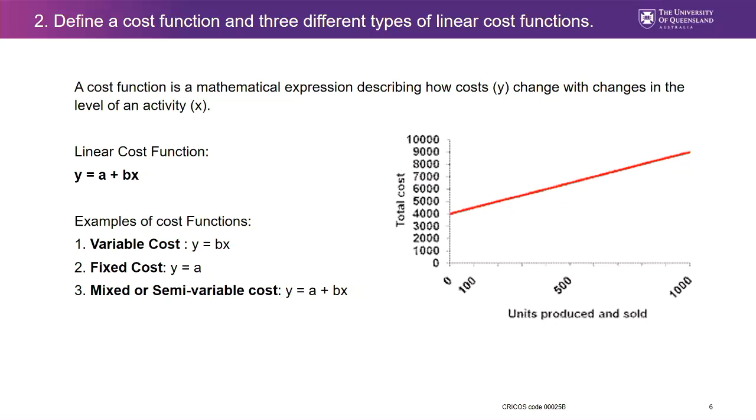So x might be the volume. So B stands for the variable cost per unit. A is the total fixed cost. We all good with that? So if we just have a variable cost, y equals bx, there's no A. There's no fixed cost. If we just have a fixed cost, your total cost will equal A.